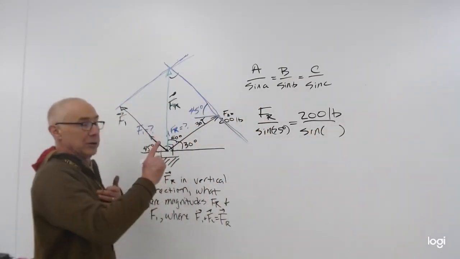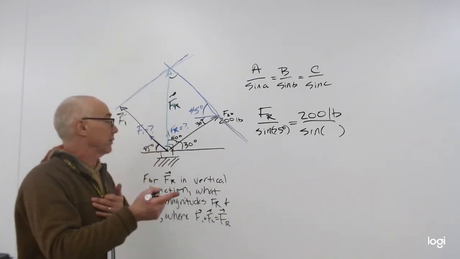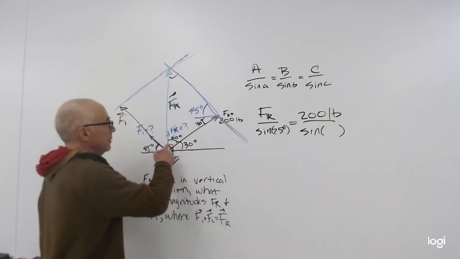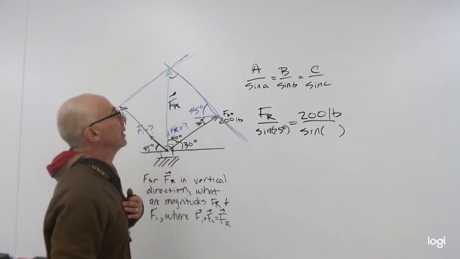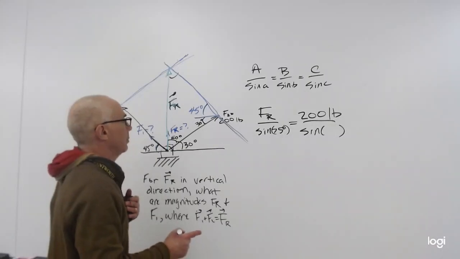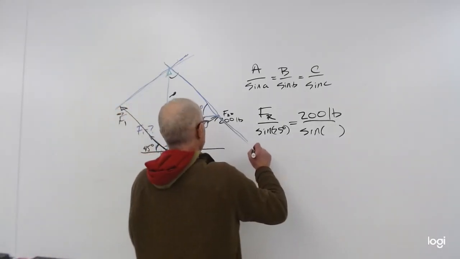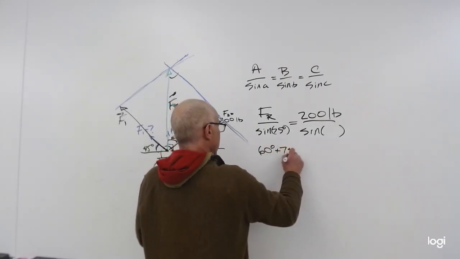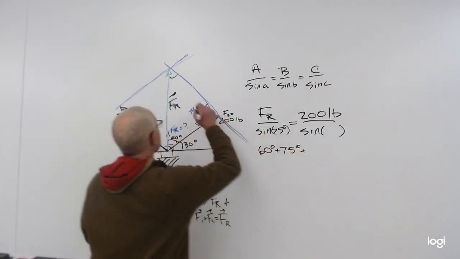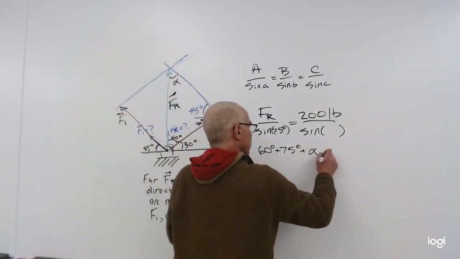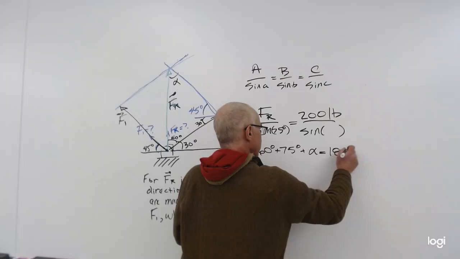But we know that you can add the three angles of a triangle and we get 180. I better do this in a better way, and I wish I'd done this first, but let's do it here. We're going to say that 60 degrees plus 75 degrees plus this angle, which we're going to call alpha, equals 180 degrees.